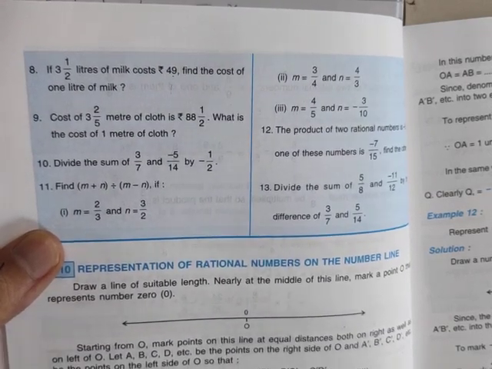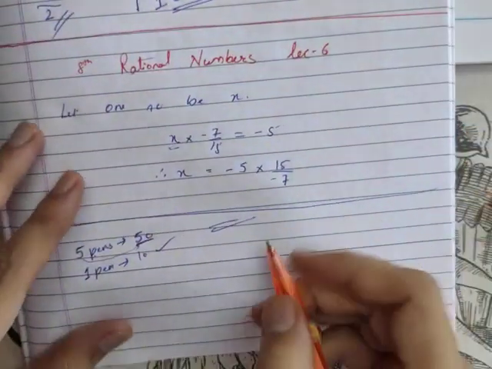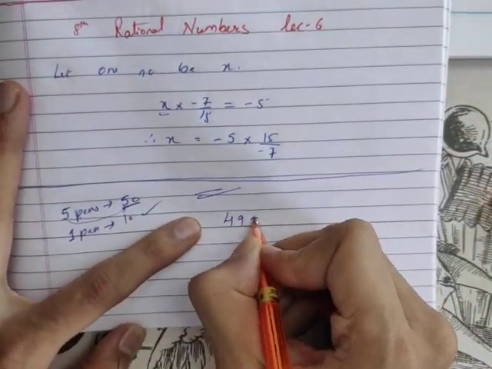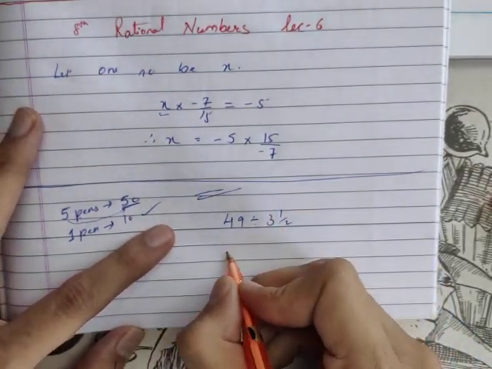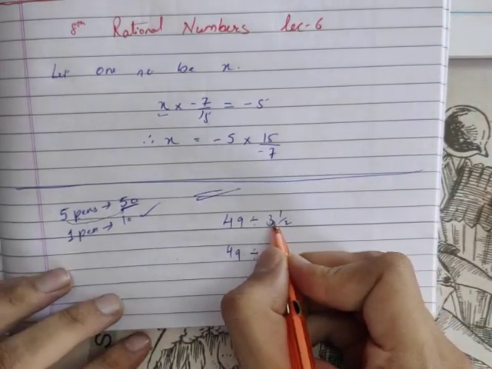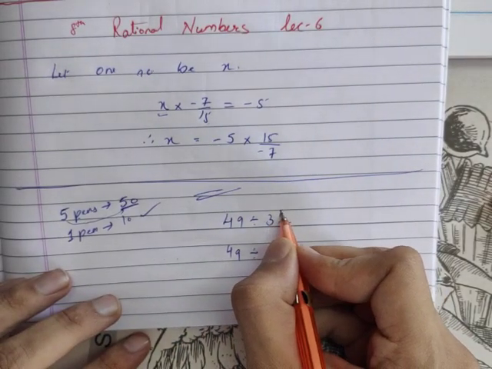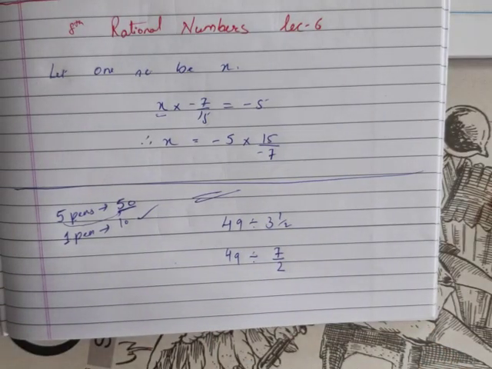Am I right? So 49 divided by 3.5. Let's first solve this 3.5. Can I write this as 49 divided by 3 2s are 6, 6 plus 1, 7, 7 upon 2. I hope everybody knows this.